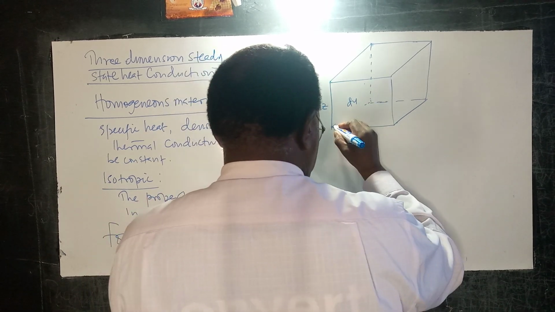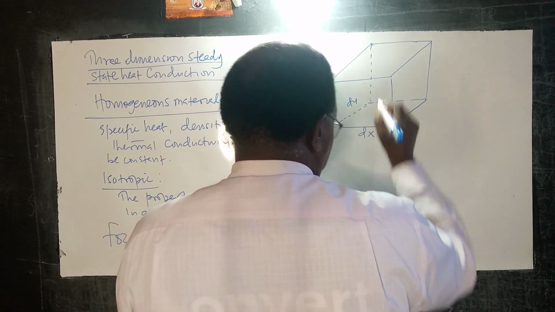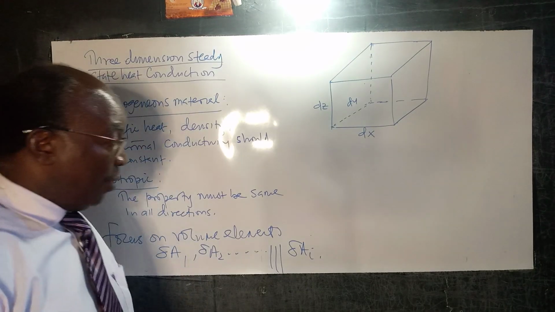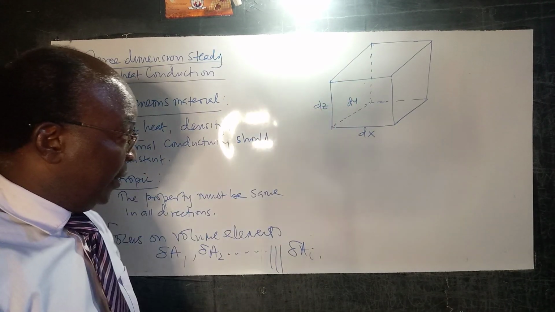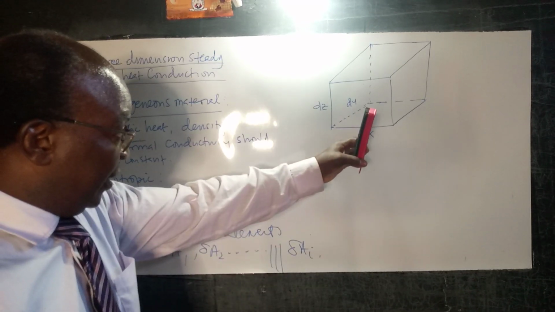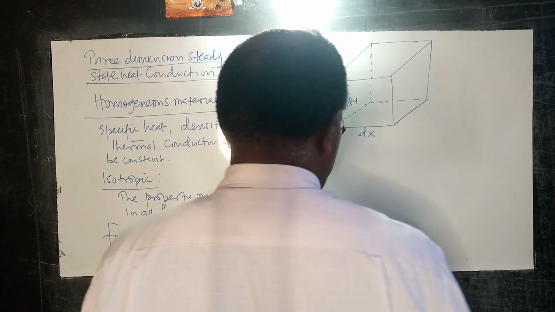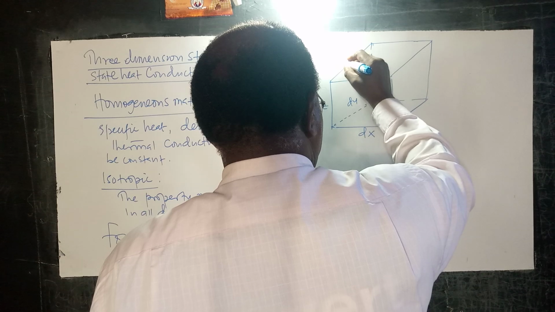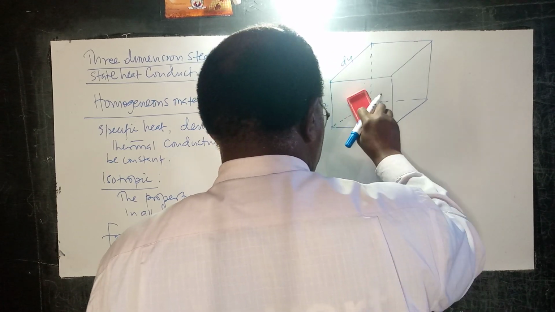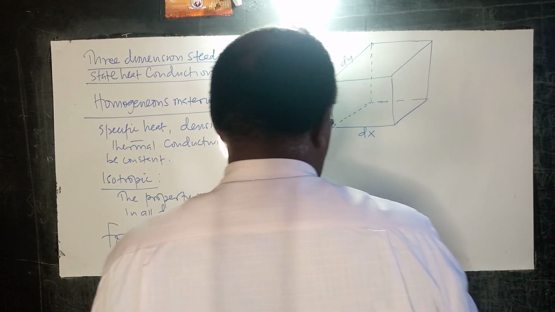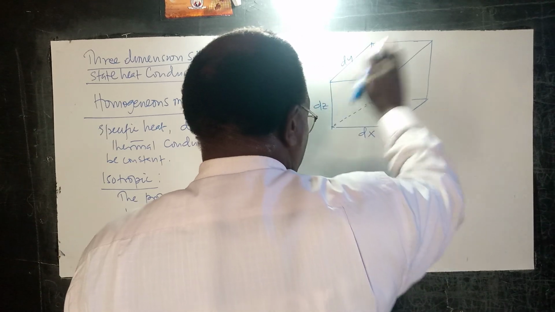Yeah, that's reasonable. So we have dz, dx, dy.